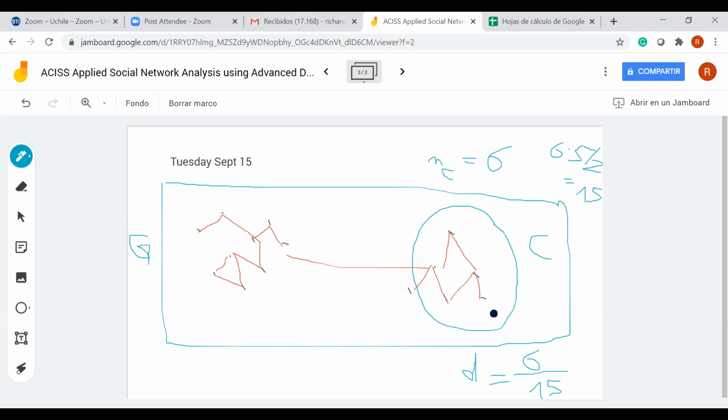I observe 6 links, and at most there could be 15. And this is the formula to come up with the number 15: number of nodes times number of nodes minus 1 divided by 2. So that gives us an idea of how dense this community is. How many links do I have related to how many links could I have at most?